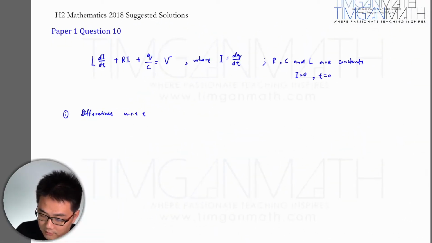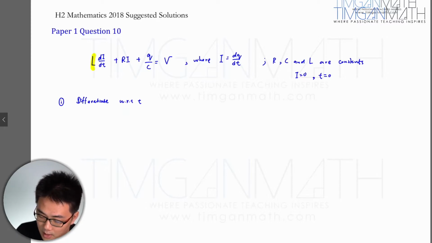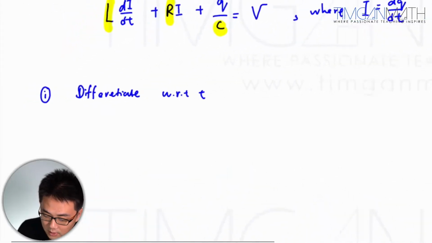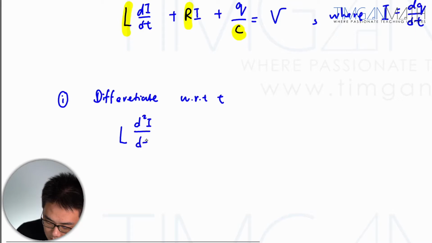We are told that L, R, and C are constants. So if you differentiate, this would be L d squared I over dt squared plus R dI over dt.